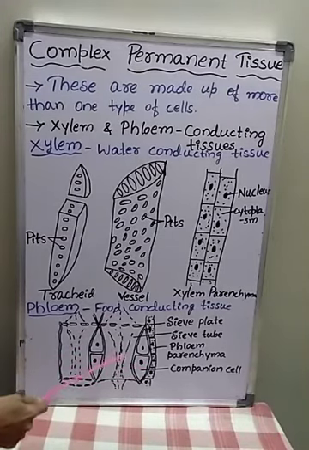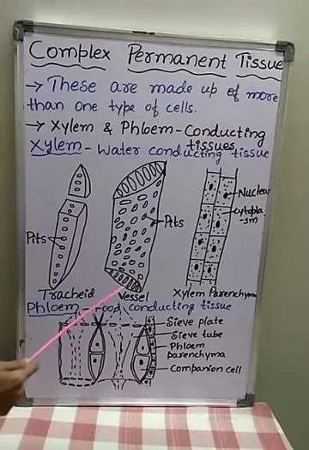And one more thing: in the sieve tube, the nucleus is absent, still it is living. The living plant cell which lacks a nucleus is the sieve tube.